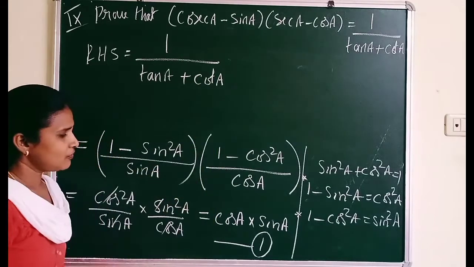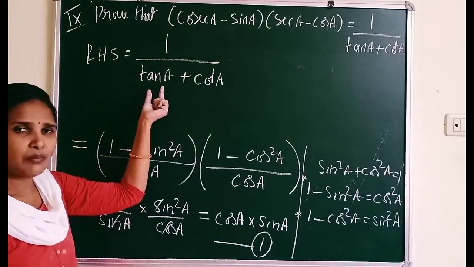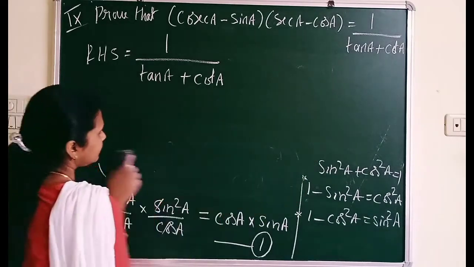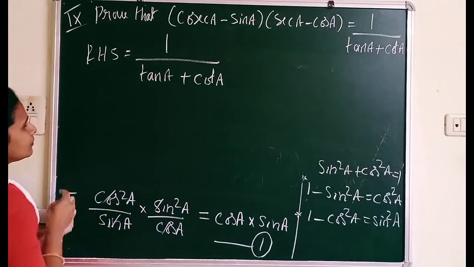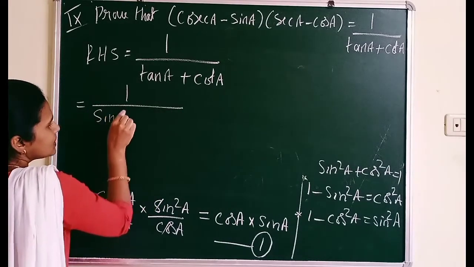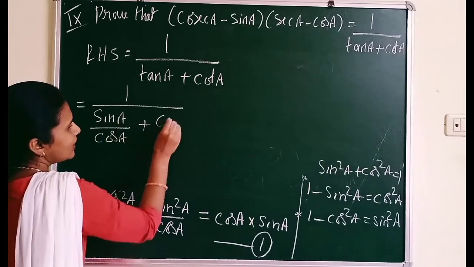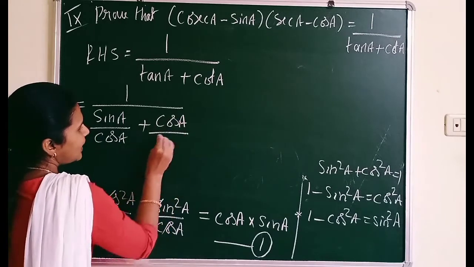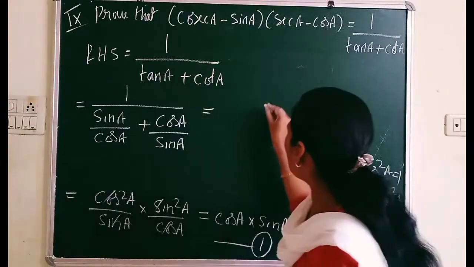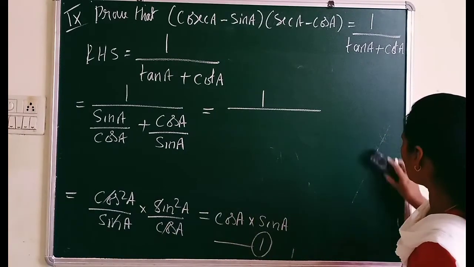You can see in 1 you have cos and sine. So tan can be written as sine by cos, and cot can be written as cos by sine. So this equals 1 divided by sine by cos plus cos by sine. Now write 1 as it is, and in the denominator take the LCM.